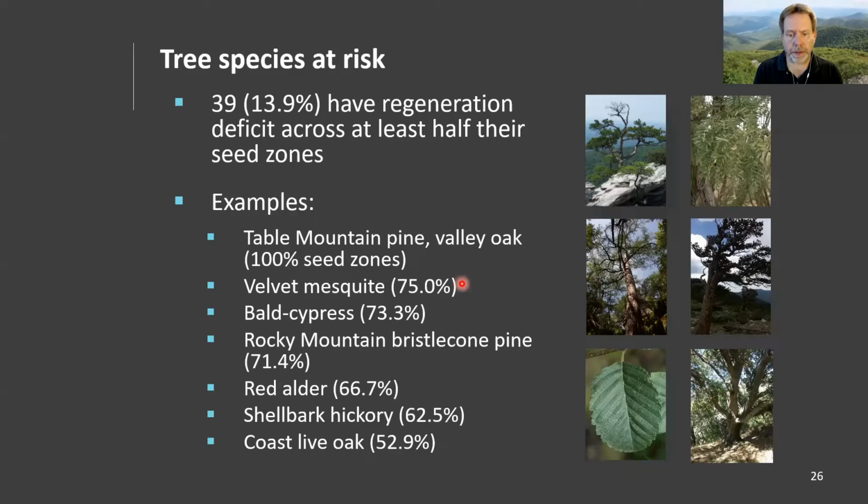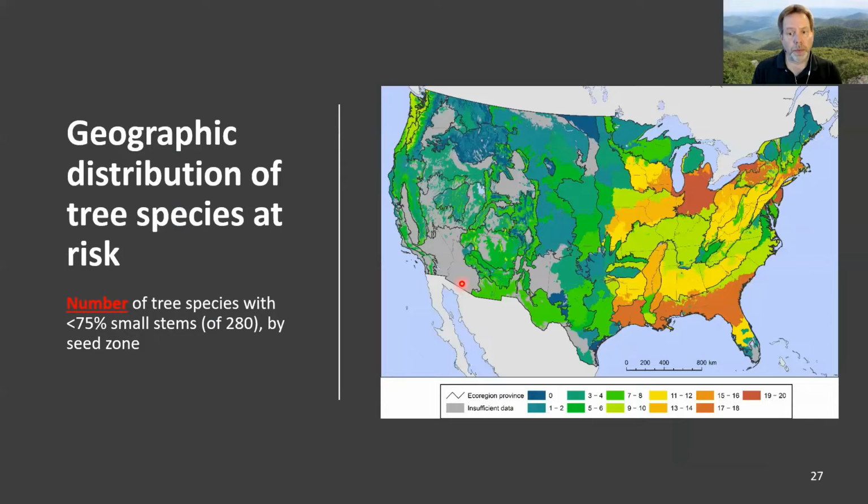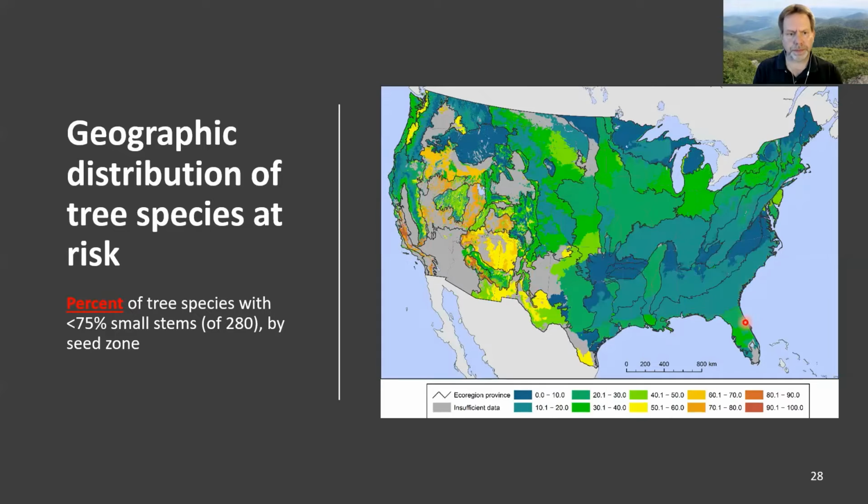across the entirety of their range, but have the majority of their seed zones with issues. When we stack all these on top of each other and get the geographic distribution of tree species at risk, we can get the number by seed zone, and we can see the upper Midwest and the South are the places where we have the most species that are not clearing that threshold.